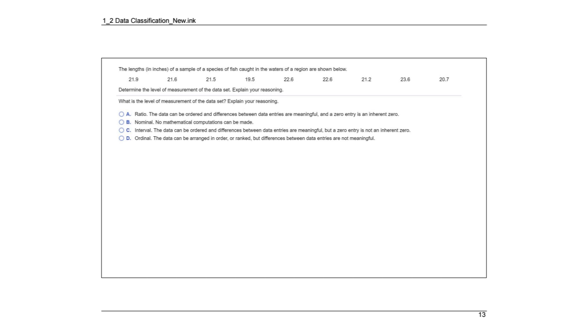So what do we have left? We have to decide between interval and ratio. Well, you can't have negative lengths of a fish, right? If you have 0, you don't have a fish because fish can't be 0 inches. Therefore, this is going to be ratio, right? 0 means none.